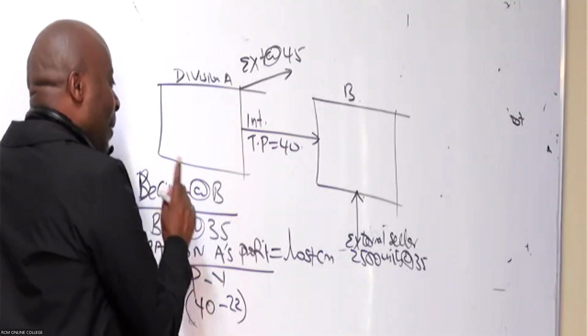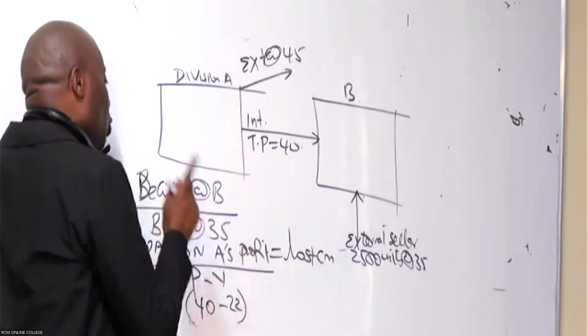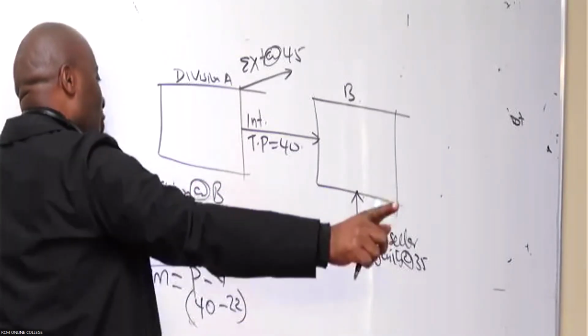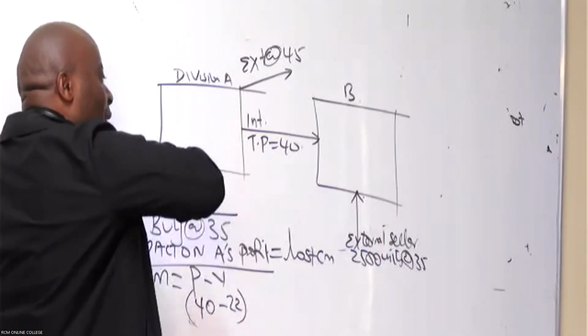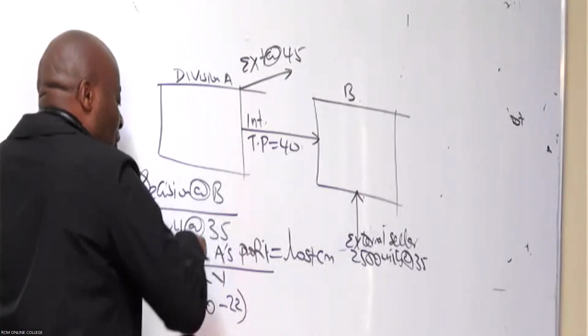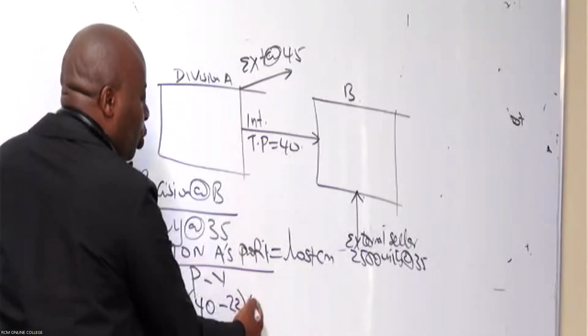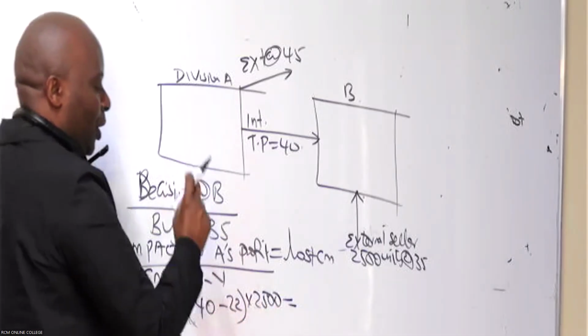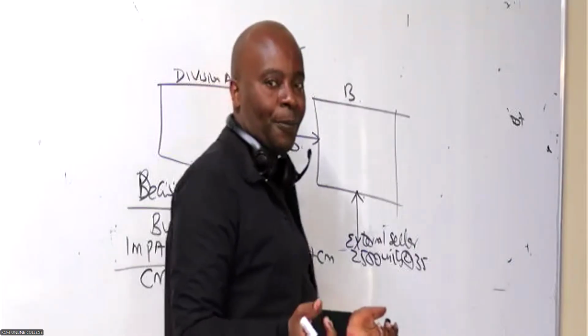So remember, B is going to buy 2,500 units from the external market, so we will lose that opportunity. This will be the contribution per unit. I want the total contribution lost from this opportunity of selling 2,500 units.